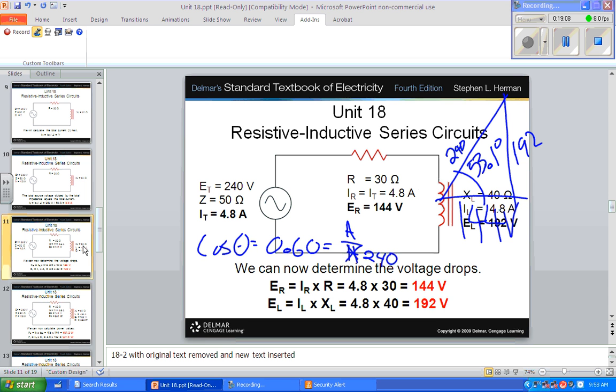How much is this one out of phase? 53.1 degrees. And that means that there's a shift between the supplied voltage and the inductive voltage. There's a time shift. There's a time lapse in between.